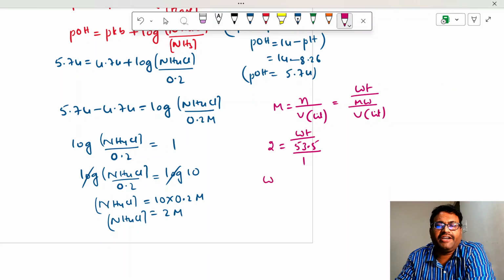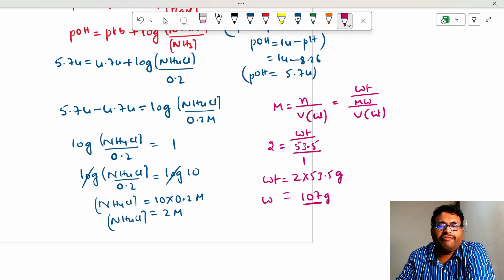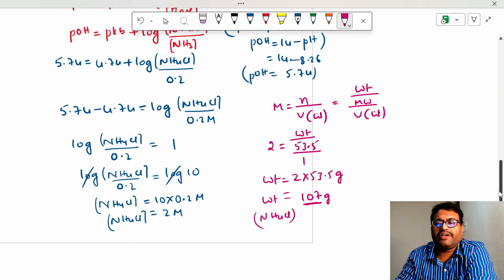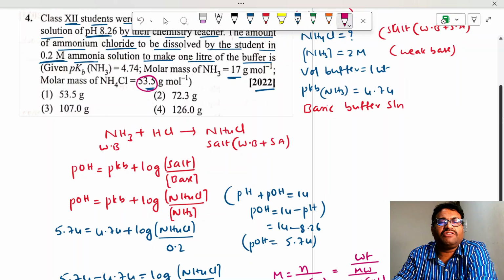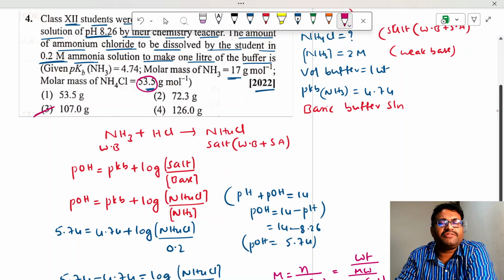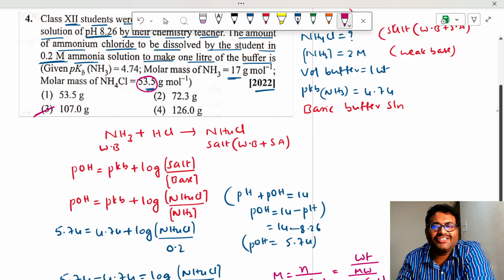So weight is equal to 2 into 53.5 grams, that is equal to 107 grams. So the weight of NH4Cl in the buffer solution is equal to 107 grams. Understood? So follow each and every step I am writing.